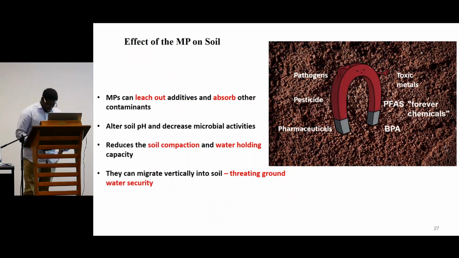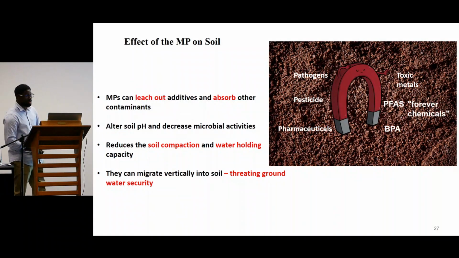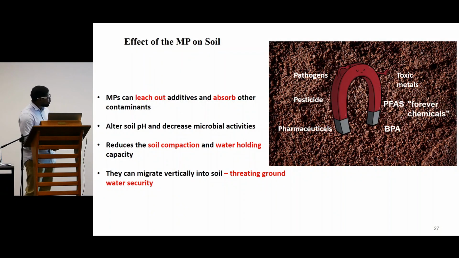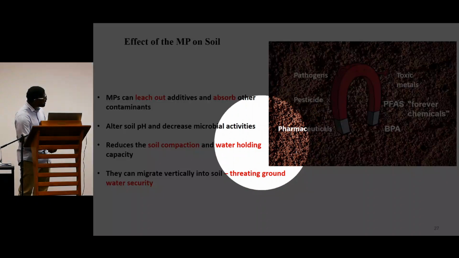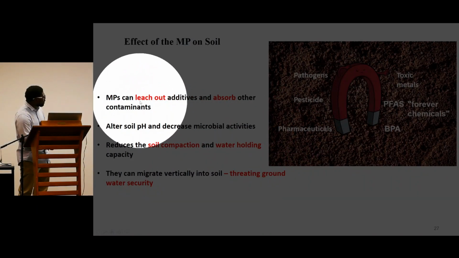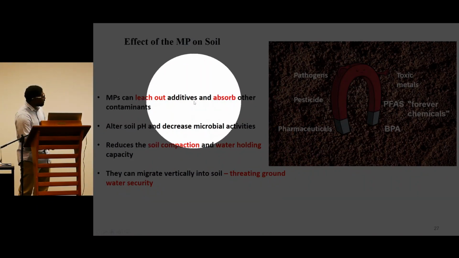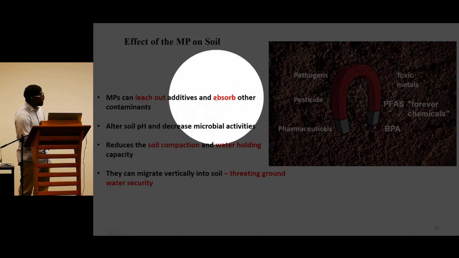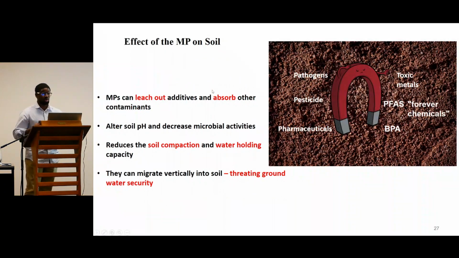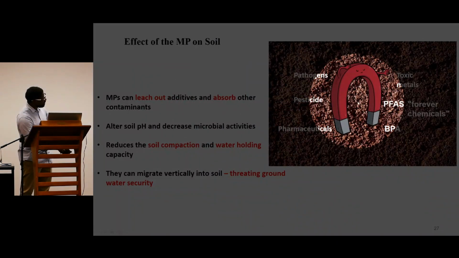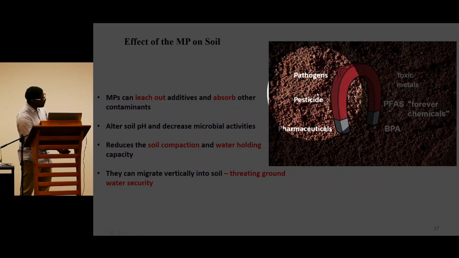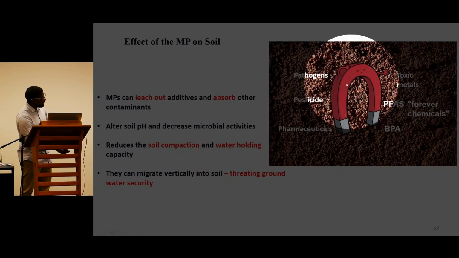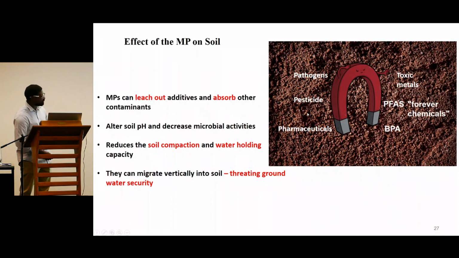Another impact on soil is that the microplastics leach out additives, and they can also absorb onto them other environmental contaminants. If you look at this picture, it is a magnet trying to attract other contaminants. That is how microplastics behave.